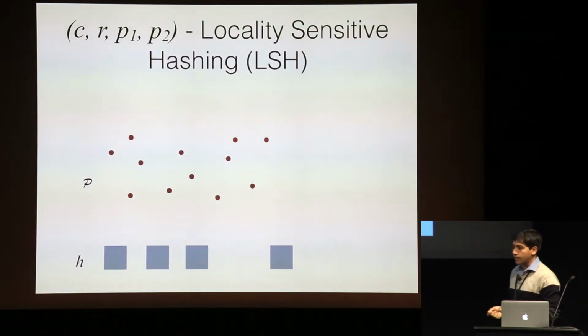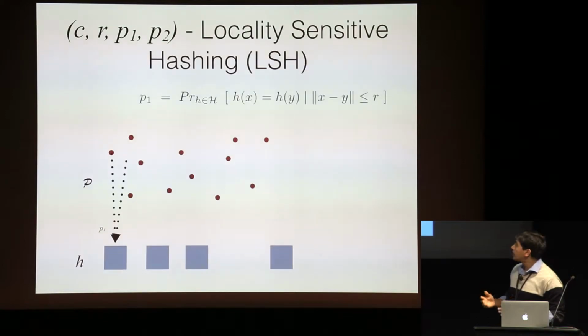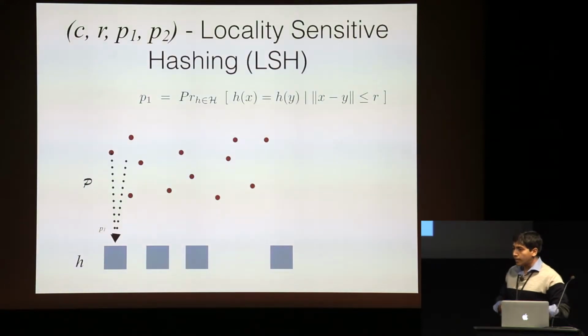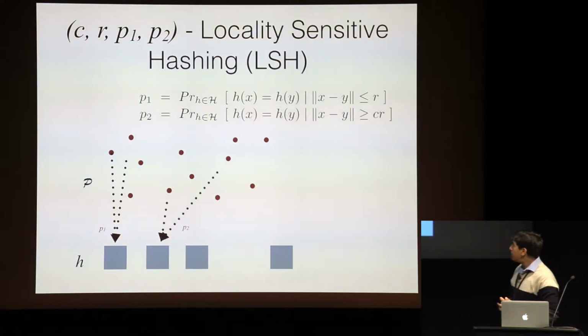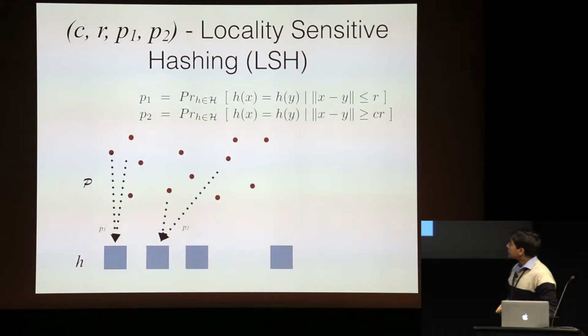Formalizing this notion, let P1 be the probability that two points which are close to each other hash to the same bucket. By close, I mean at a distance less than r. So we want them to hash to the same bucket with high probability. And let P2 be the probability that far points hash to the same bucket.